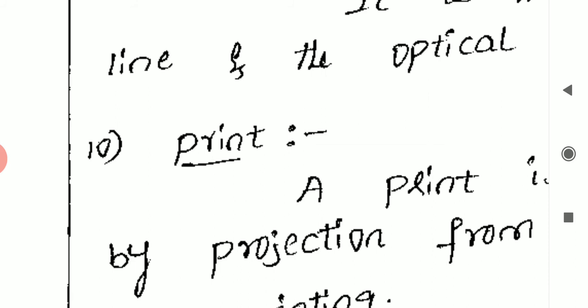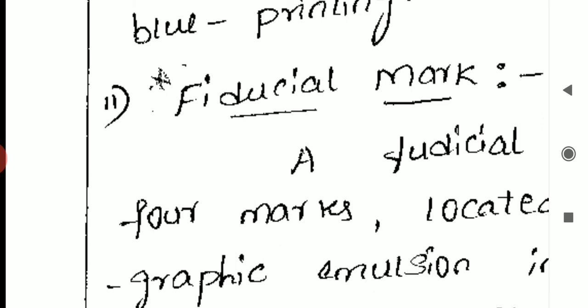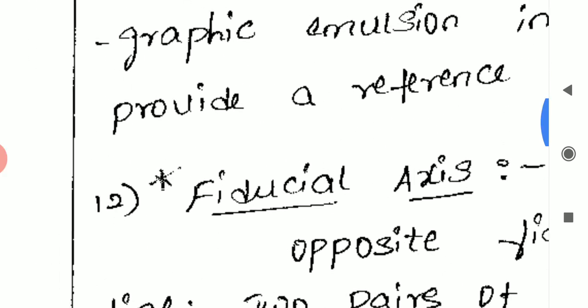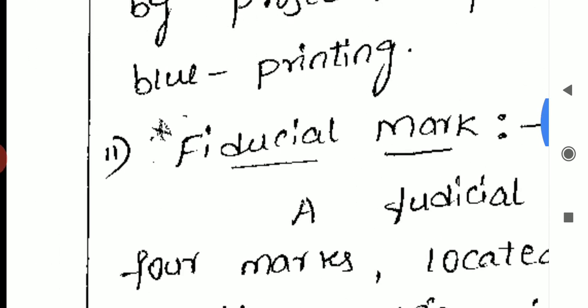Okay, these are all definitions about aerial photographs, and some are about the fiducial mark and fiducial axis. Fiducial axis is nothing but the reference line defined by opposite fiducial marks.